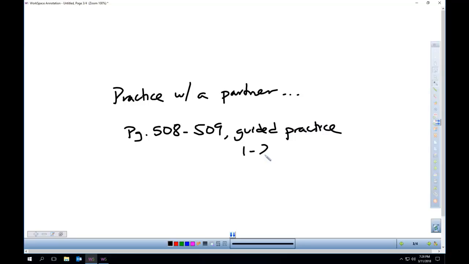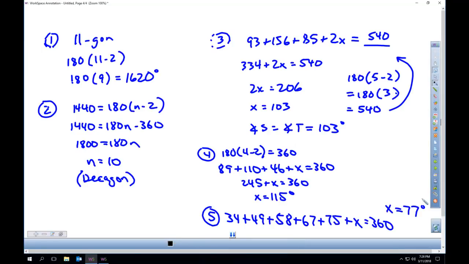Do 1 through 5. They're split up into 3 sections. So push pause now, work on those, and restart the video after you have finished those 5 problems. Here are your solutions. Push pause and check out these solutions. When you're happy, move on.